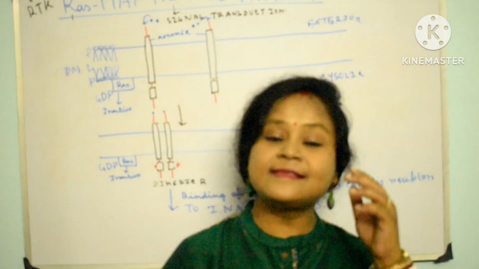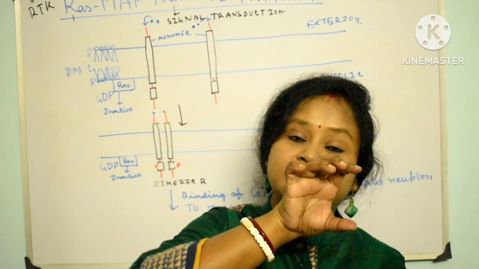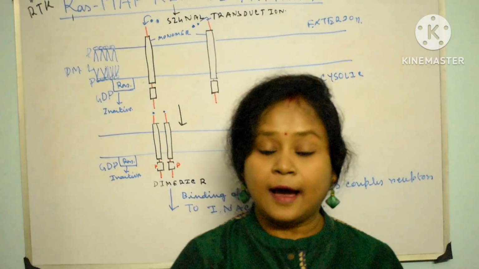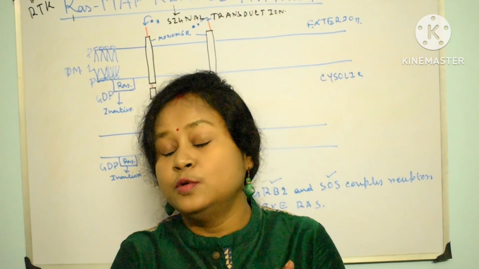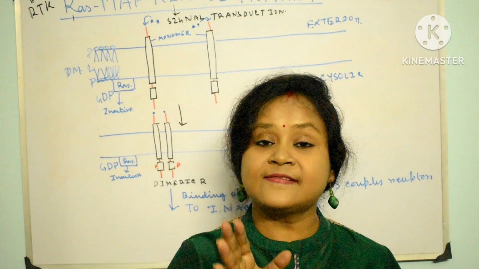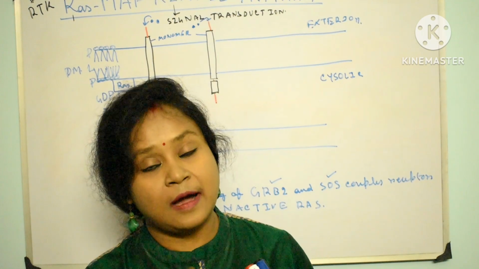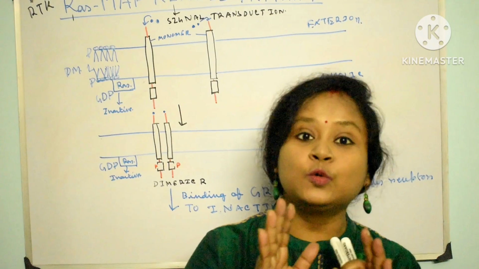These adapter proteins bind to an activated receptor, and after binding of this adapter protein, some other proteins also bind here, and many become substrates for this receptor. But adapters have no catalytic power of their own; they serve to bring other proteins to the receptor.